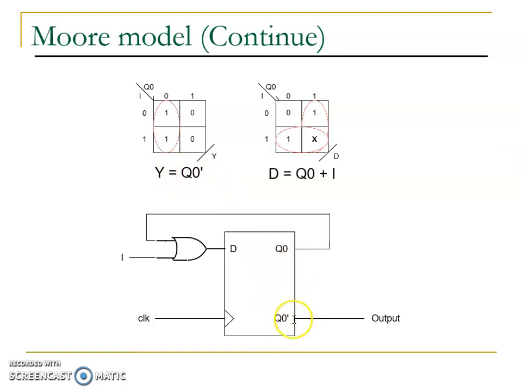This is Q naught bar. So your output or Y is connected here. This is Y or output, and then D represents D0 actually. So D0 is equal to Q naught OR with input I. So this is the connection. And don't forget to draw the clock.